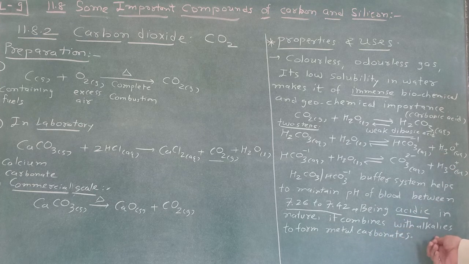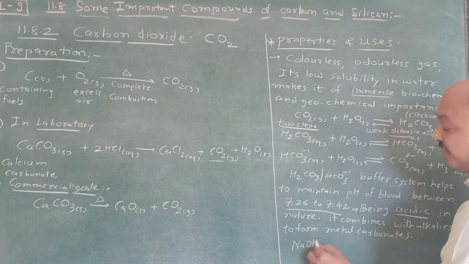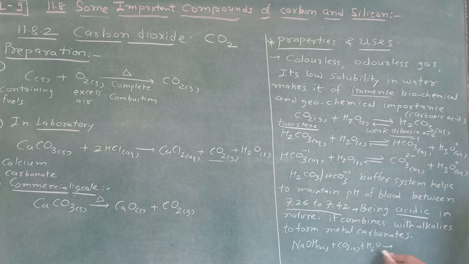When it reacts with alkalis, suppose NaOH is there, sodium hydroxide. This is known as an alkali. When it reacts with CO2 gas in the presence of water, it gives Na2CO3, and another product, H2 gas, is released. So for Na2CO3, suppose we take H2CO3.